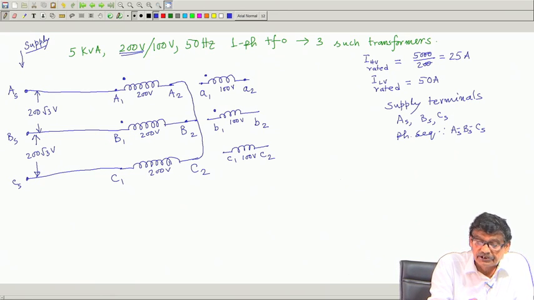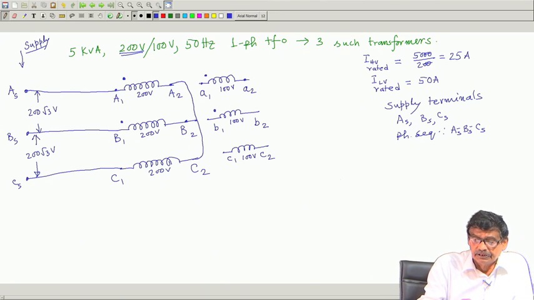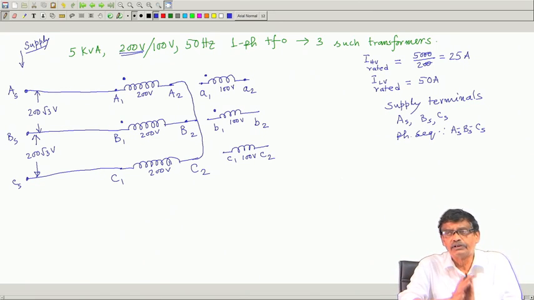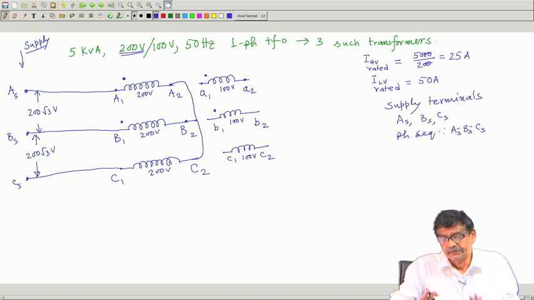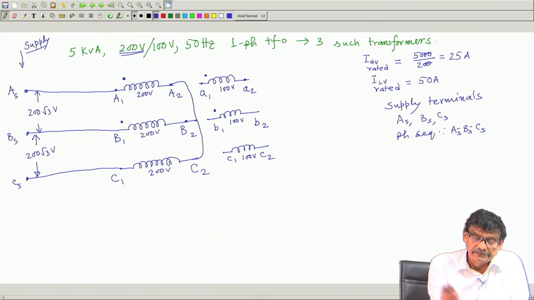Because transformer rating was 200/100 volt, therefore, I can apply a voltage of 200 into root 3. So, that rated voltage will then be applied across these coils primary. Secondary coil I have not done anything, they are separate now, nothing has been done. Therefore, this is the thing.